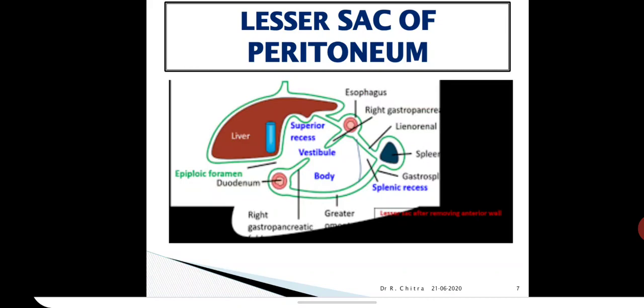The upper margin is from the diaphragm; you see the uppermost part of that green colored area, that is the lesser sac. So it is formed by the reflection of peritoneum from the diaphragm to the upper end of the caudate lobe of the liver and extends from the groove for the inferior vena cava to the cardiac end of the stomach. So that is the upper margin.